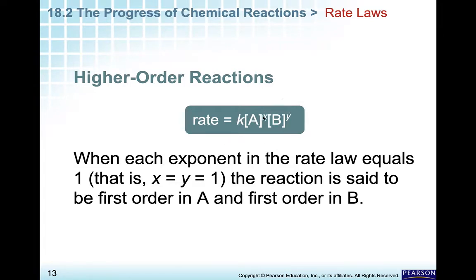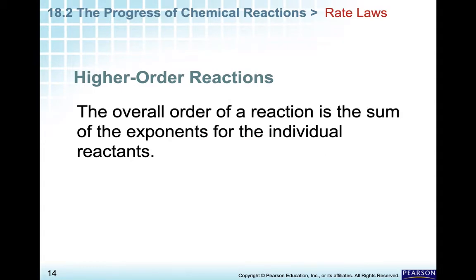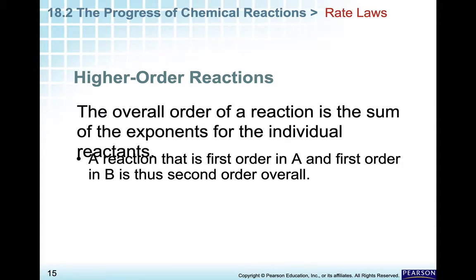So for example, if both of these exponents were 1, the reaction would be first order in A, first order in B, and second order overall. The overall order would be the sum of those exponents. So in that example, if we were first order in A and first order in B, we would be second order overall.